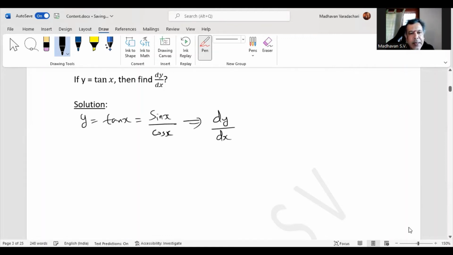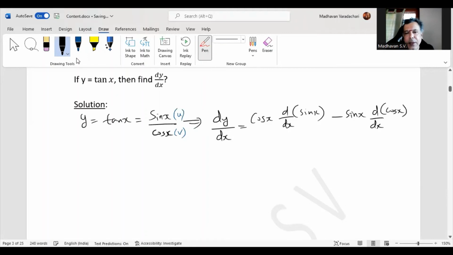You assume this as u, you assume this as v, which means dy by dx will be v du by dx, that means cos of x d by dx of sine x, minus sine of x, that is u, d by dx of v, that is cos of x. The whole thing divided by v square, which means it is cos square x.